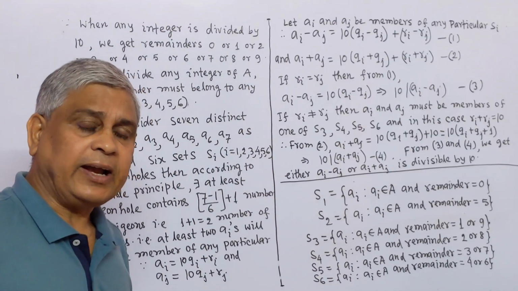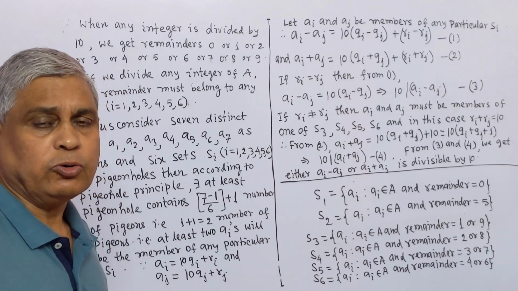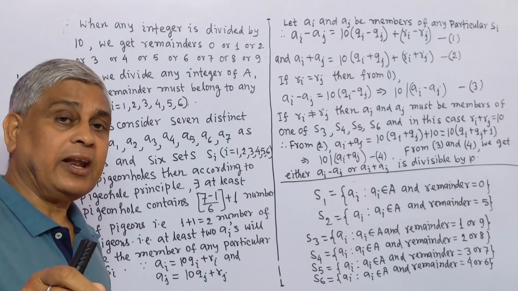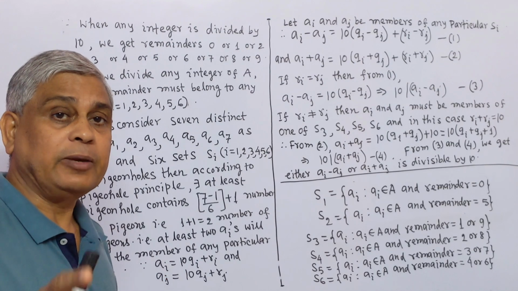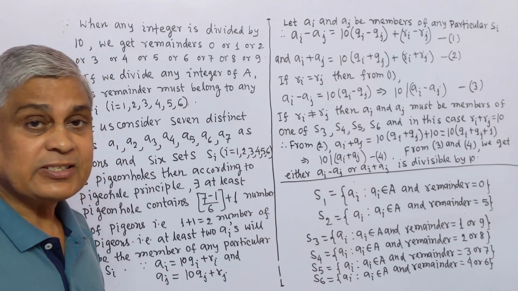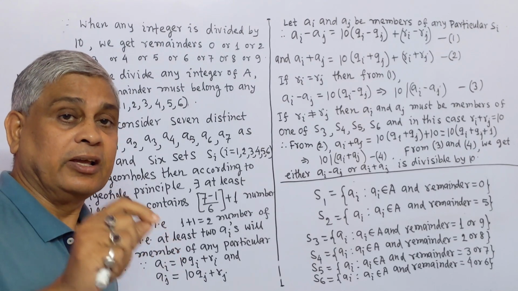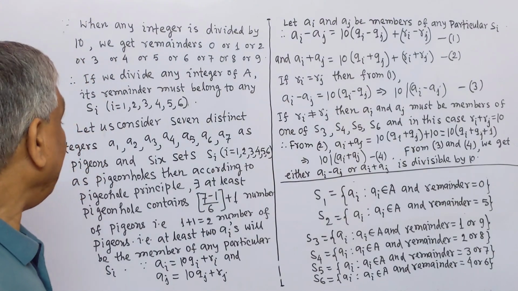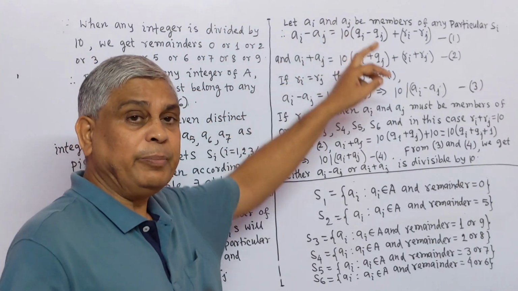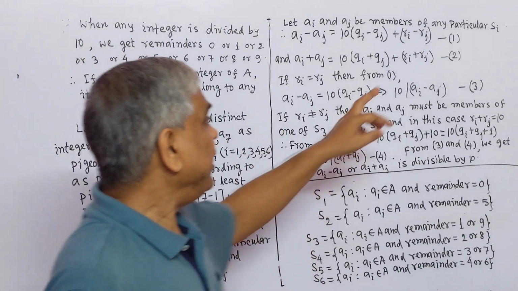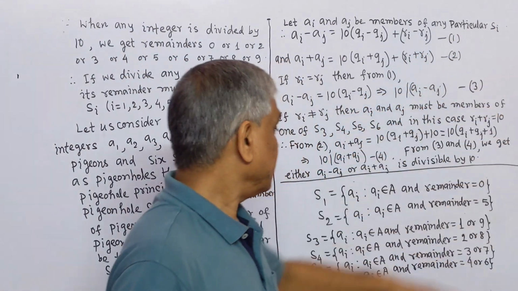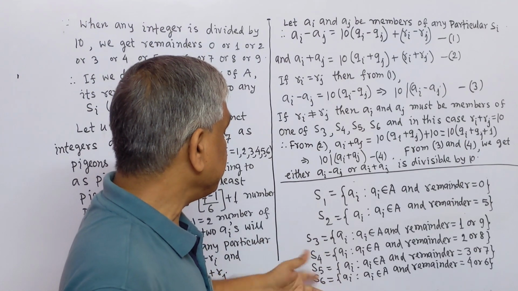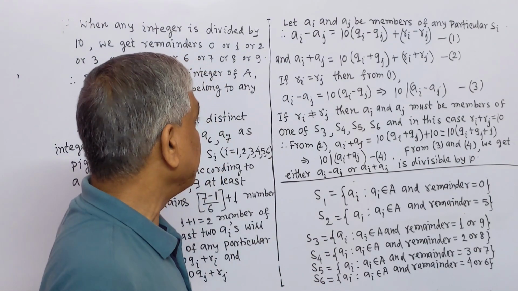Since a particular pigeonhole contains at least 2 pigeons, here the pigeonholes are S1, S2, S3, S4, S5 or S6, and the pigeons are the numbers a1, a2, a3, a4, a5, a6, a7. Let ai and aj be members of any particular Si, which may be either in S1 or S2 or S3 or S4 or S5 or S6.